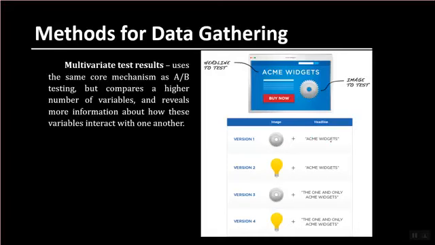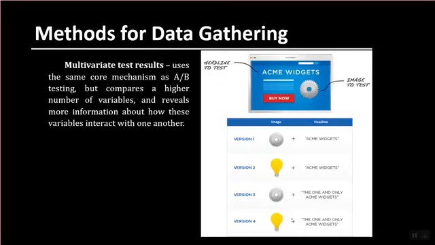In version 2, we're going to replace this with a light bulb, with the headline of ACME widgets. The third version, we still have the gear, and the headline to test is the one and only ACME widgets.